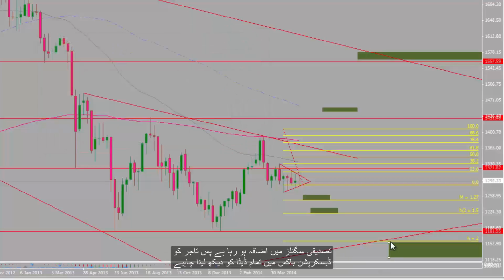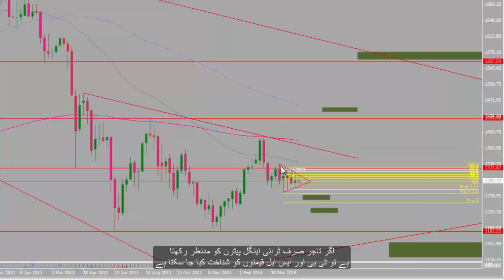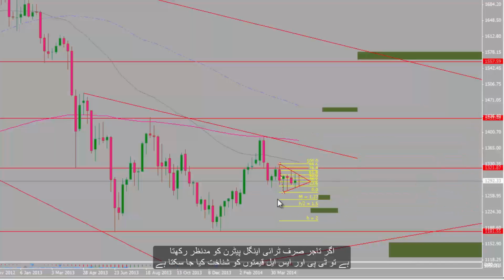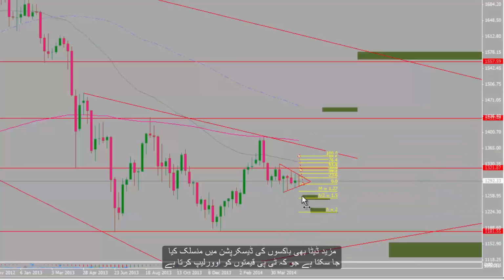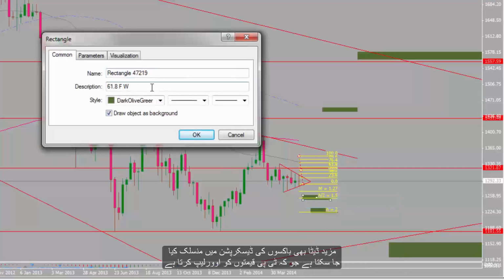Confirmation signals are increasing, so a trader should cite all the data in the description box. If a trader considers the triangle pattern only, then the TP and SL prices are detected. Other data can be attached to the description boxes that overlap TP prices.